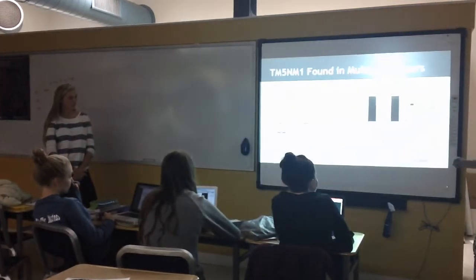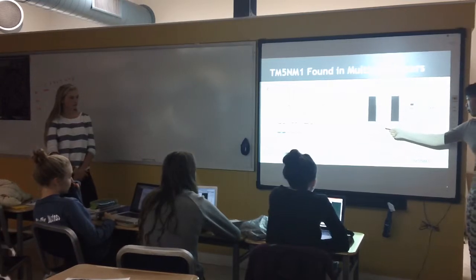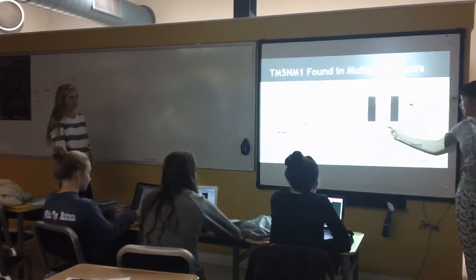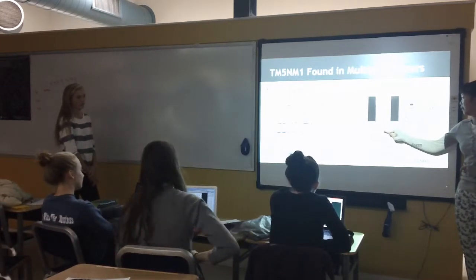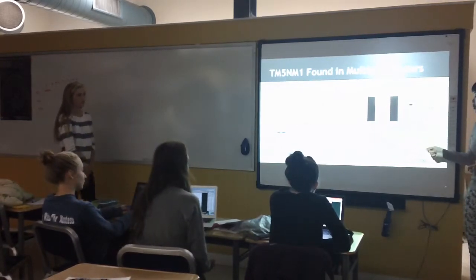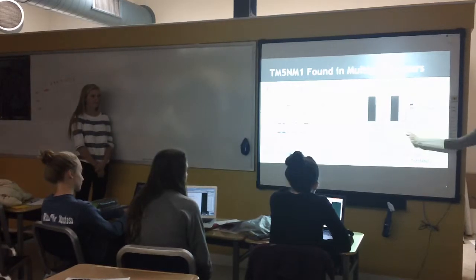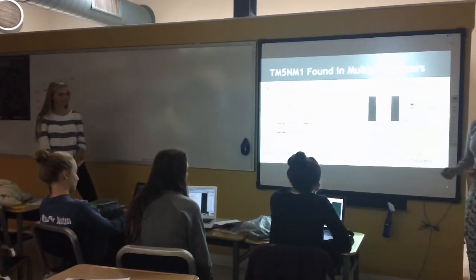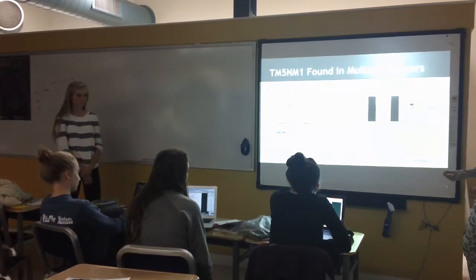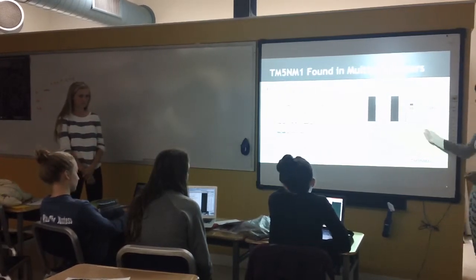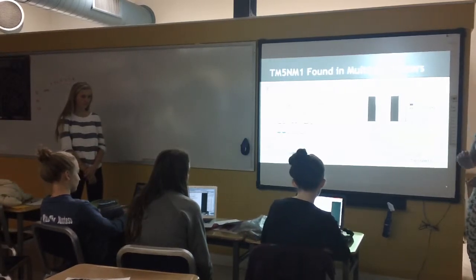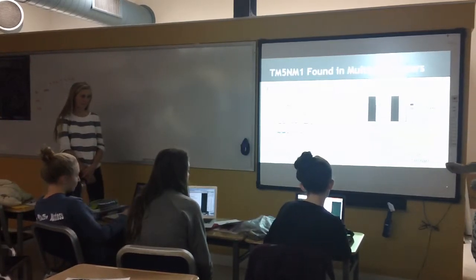This shows the levels comparing this isoform of tropomyosin, TM5NM1, which is the one TR100 is targeted towards, and TM2, which it doesn't target. The black bars represent the control groups of cancer cells that are not treated with the TR100 drug, and the gray bars show the levels of each tropomyosin after treatment with TR100.